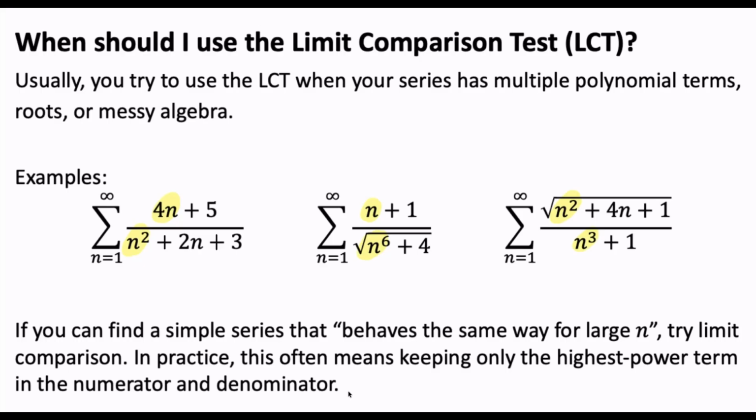In general, I prefer the limit comparison test rather than the direct comparison test. So even though something might be a candidate for direct comparison, if you look at your general term and it behaves the same way for some large n, then try the limit comparison test on it. It's probably going to be a little bit quicker to do.